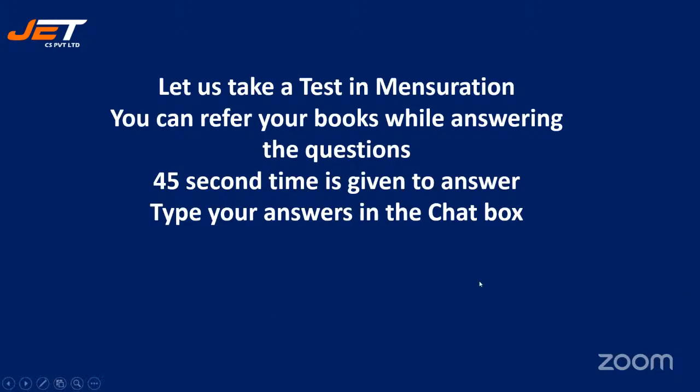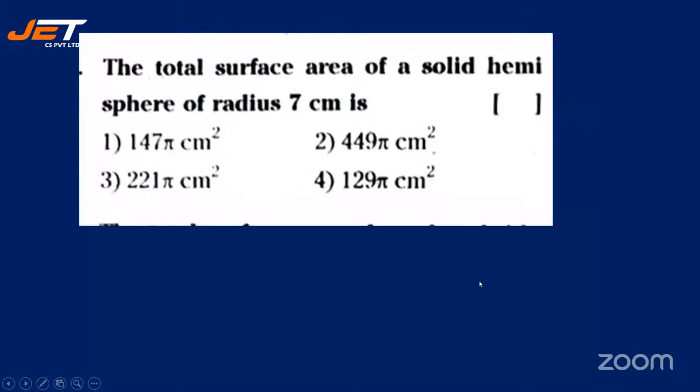So the first question is: the total surface area of a solid hemisphere of radius 7 centimeter is dash. Quickly, you can do it and tell me.